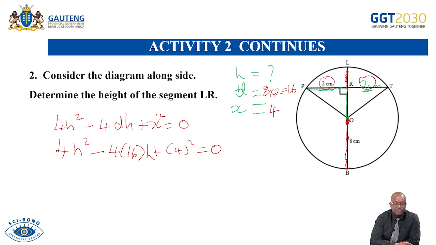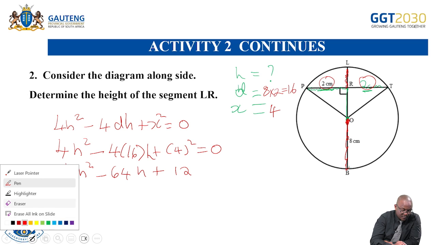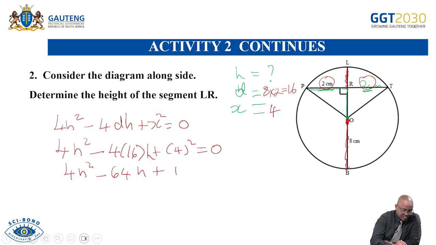So in this case, you will realize that you have 4h squared, and if you say negative 4 multiplied by 16, you are going to get negative 64h plus. If you say 4 squared, you are going to get 16, not 12. 4 squared is 16, which is 4 times 4.